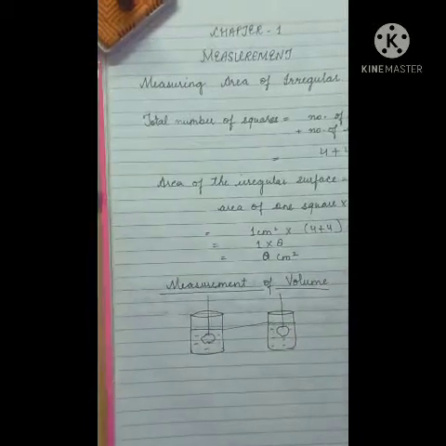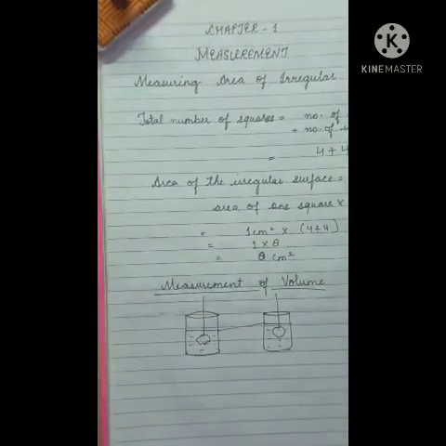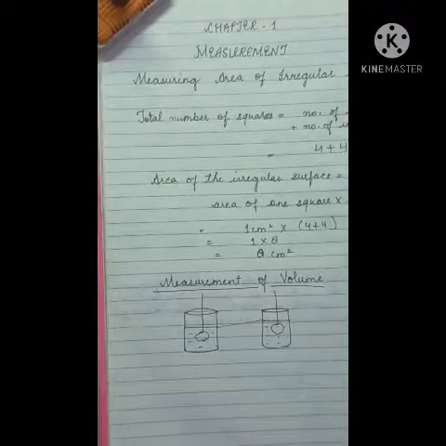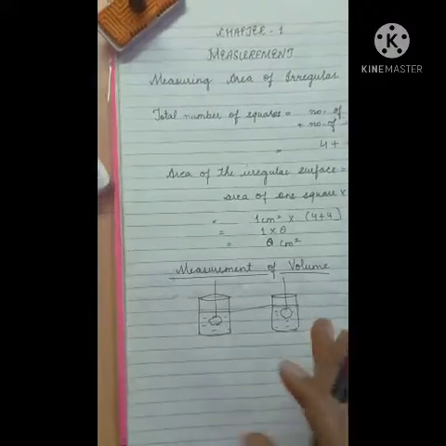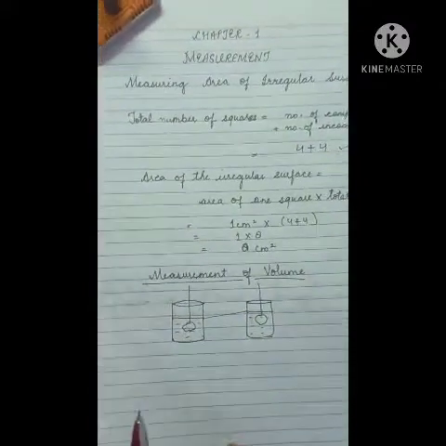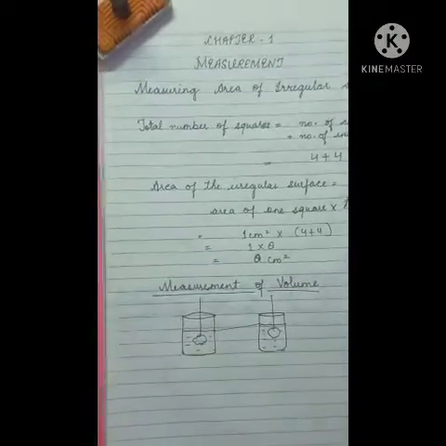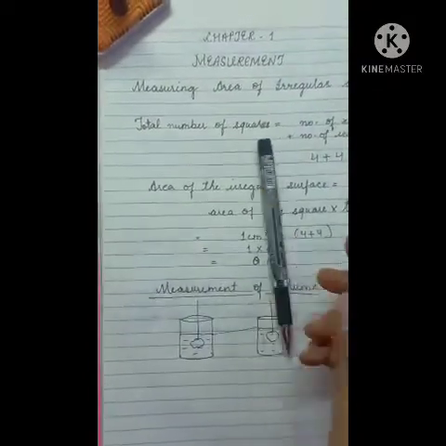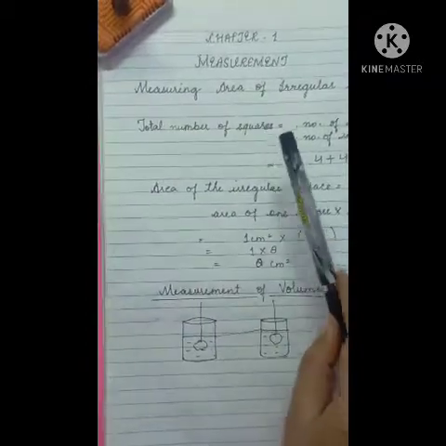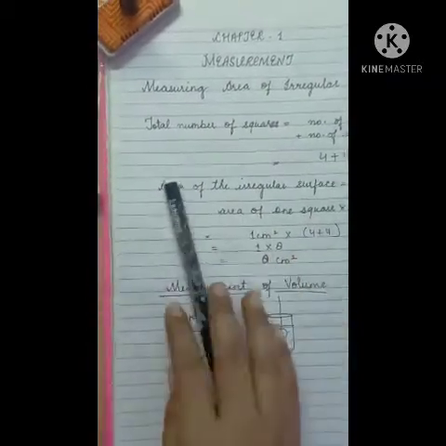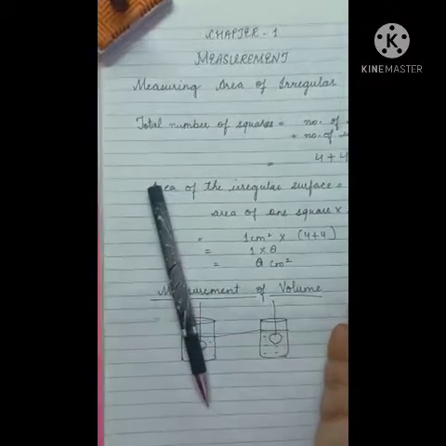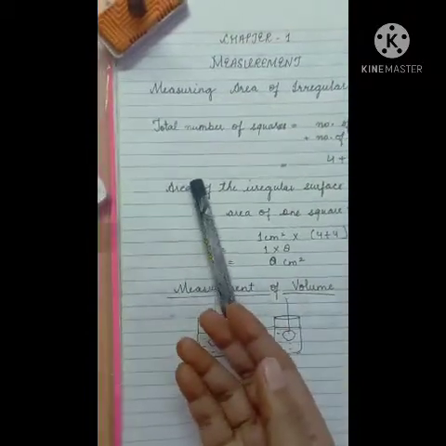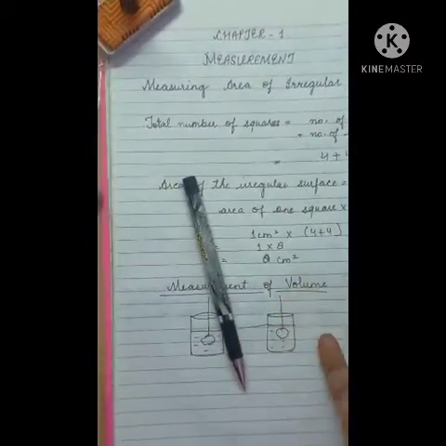So we all know that every object occupies some space. For example, this copy, table, chair, bag, bottle, even this pen, every object occupies some space. A table occupies more space than a book. Similarly, a chair occupies more space than a bag and a bottle.